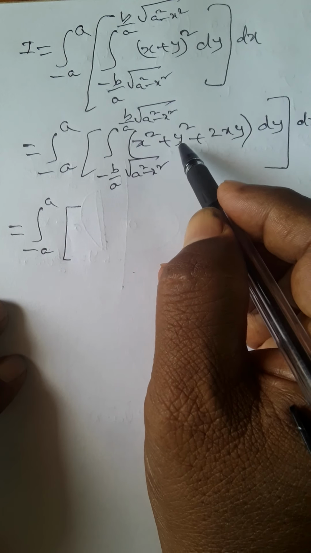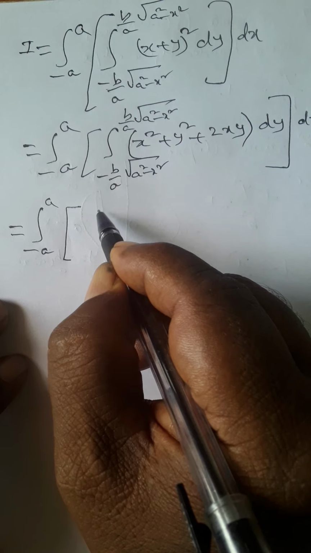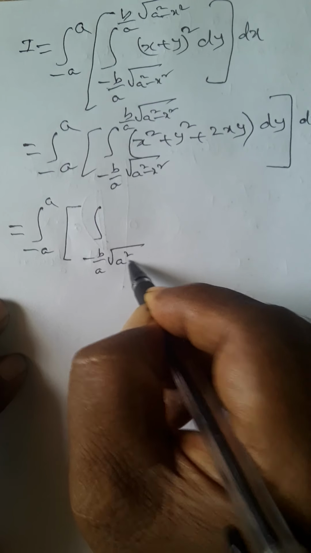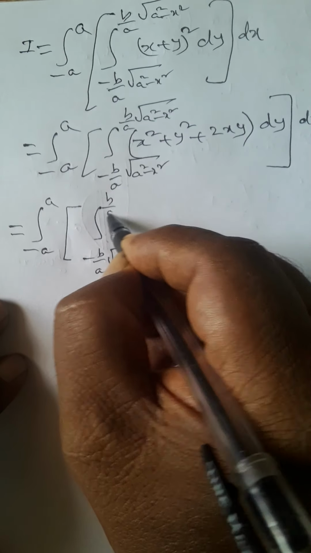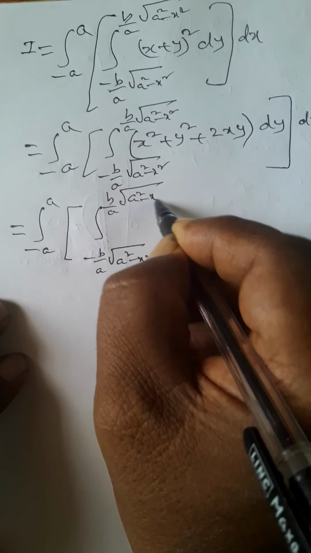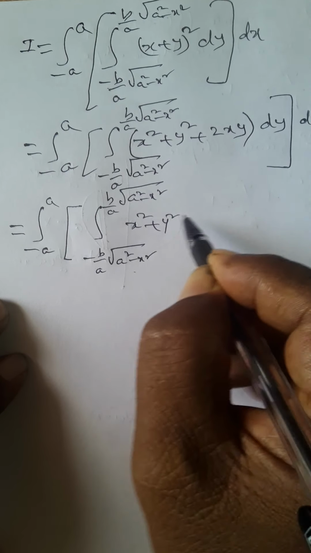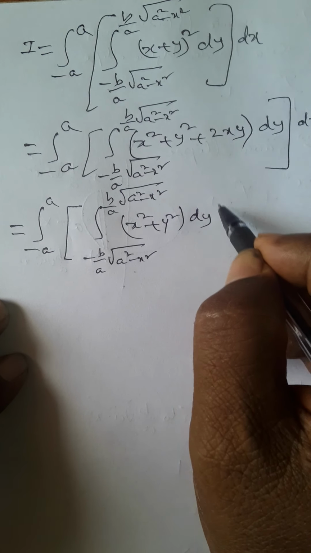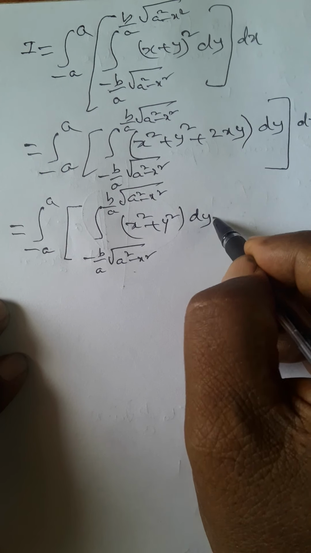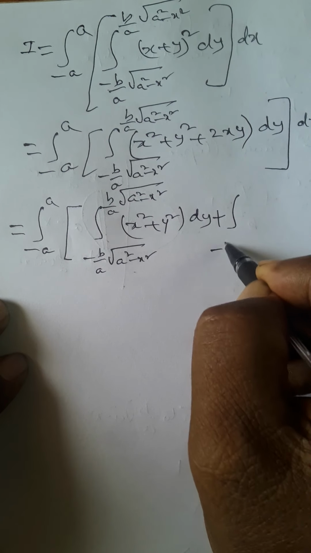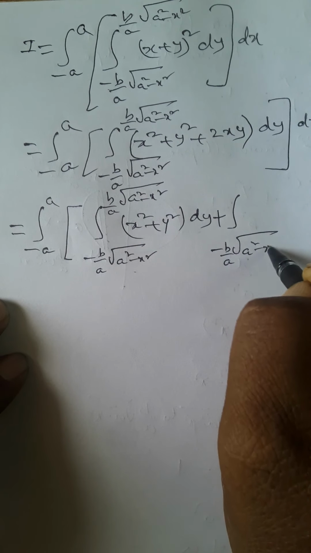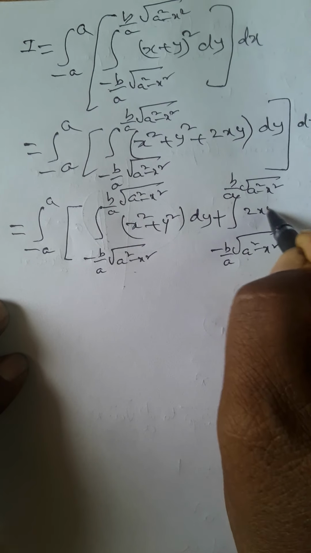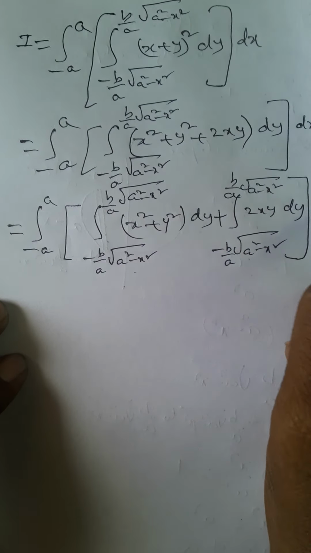So x square plus y square is an even function. So first you separate it: the integral from minus b by a root of a square minus x square to plus b by a root of a square minus x square of (x square plus y square) dy, plus the integral over the same limits of 2xy dy.